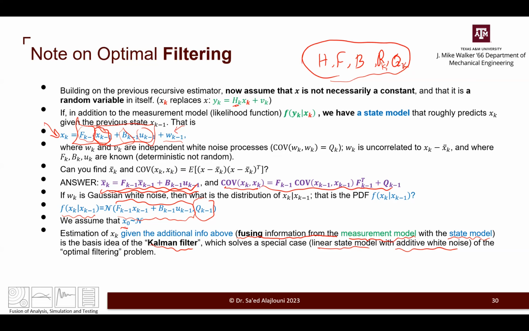So for example, the problem of occupant tracking in a building, I will go through an example now. We know that people walk with a roughly constant speed, and most of the time people are walking, not running. So we could use that information to come up with a state model: if you give me the current position of an occupant, then you can project where the occupant will be after maybe a second.